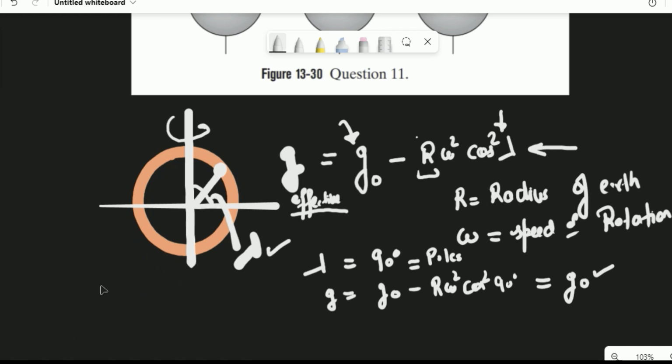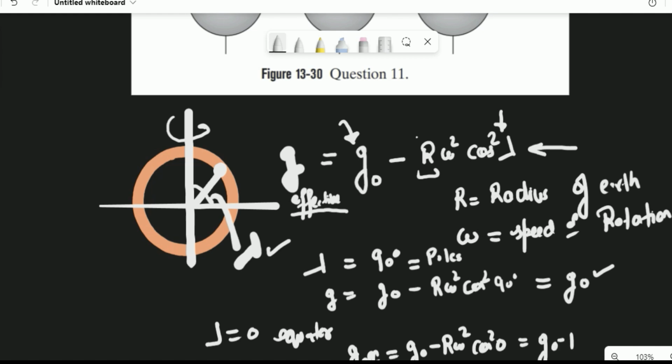But if you talk about the equator, where lambda is equal to 0, then g effective is equal to g naught minus R omega square cos square 0, which is g naught minus R omega square, because cos of 0 is 1.